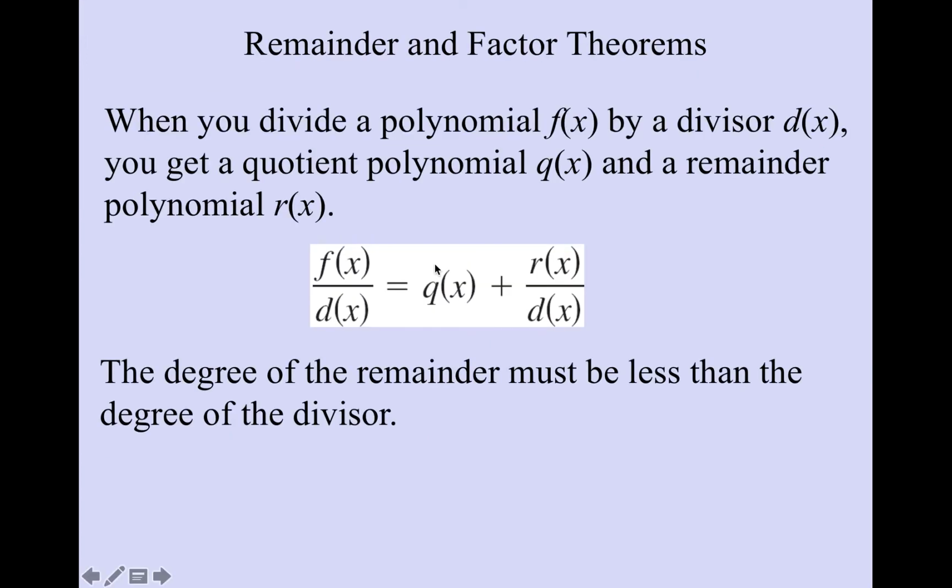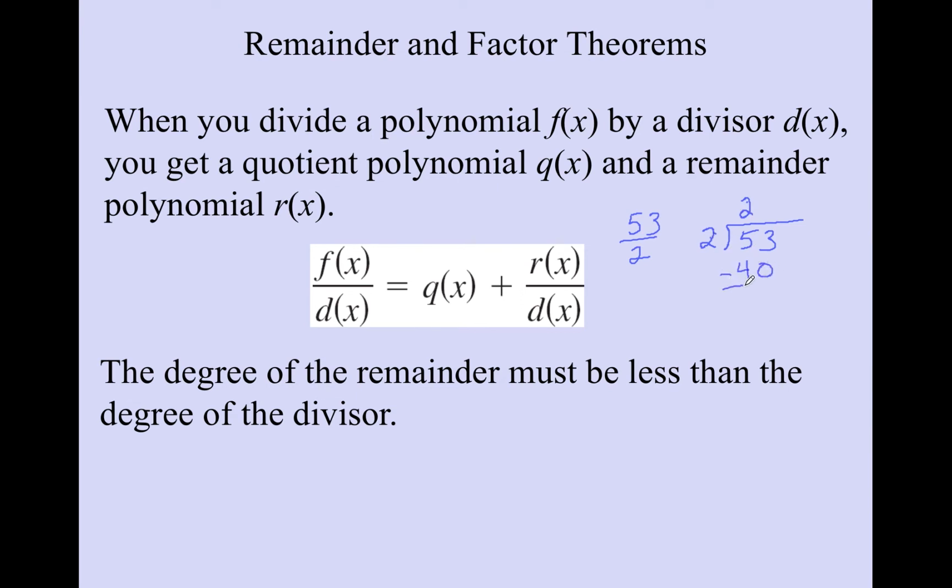All right, now before we get to the next one, what happens when it's not a factor? It doesn't go in evenly. All right, so when we divide a number, so let's say I took 53 and divided by 2. I put a 2 in here, 53 here, 2 goes into 5, 2 times 2 is 4.